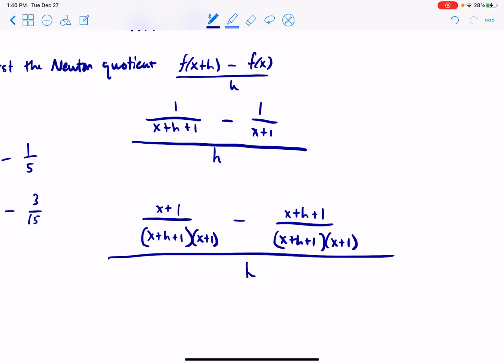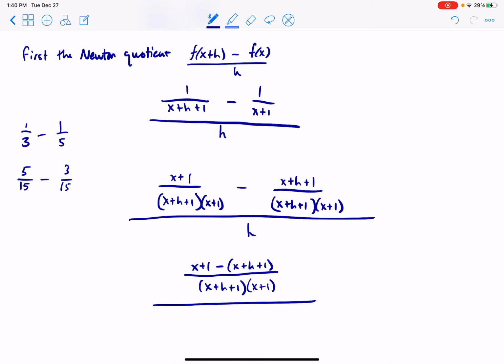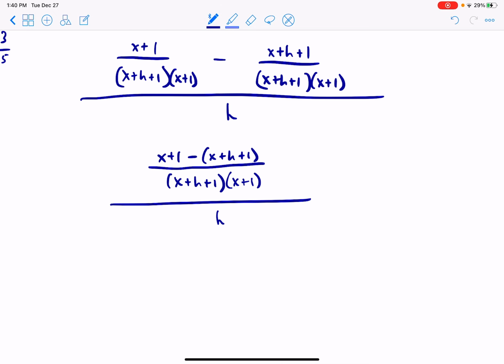Now I can actually subtract these, and I get x plus 1 minus (x plus h plus 1), all of that divided by (x plus h plus 1) times (x plus 1). And all of that will be divided by h. I get an x minus x, a 1 minus 1, and the top here will become minus h.